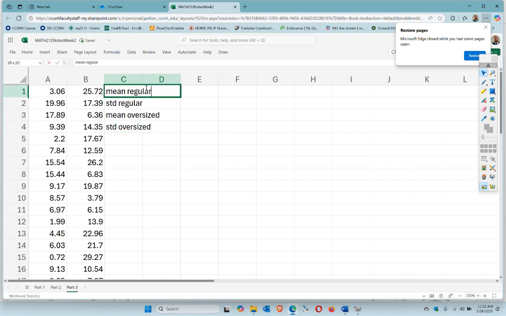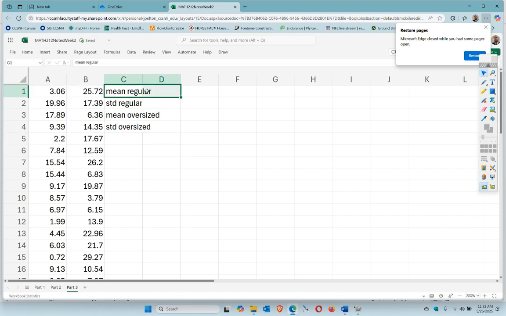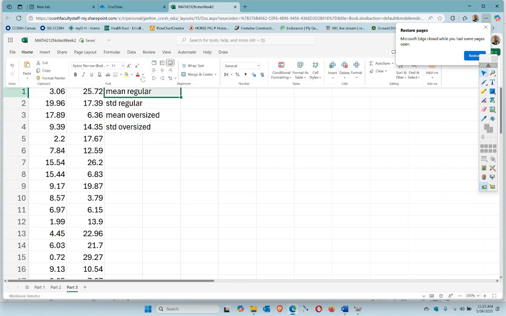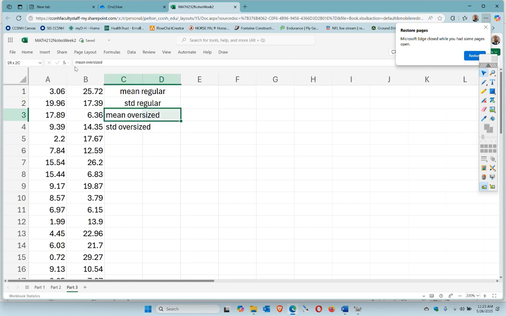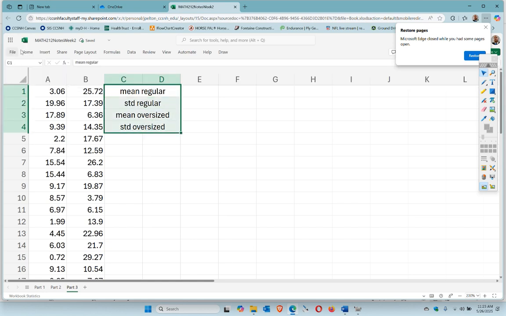Okay, we'll block these together. Where is the block? Oh, there it is. Block. Block. Block. And block. All right, we'll set these to the right.